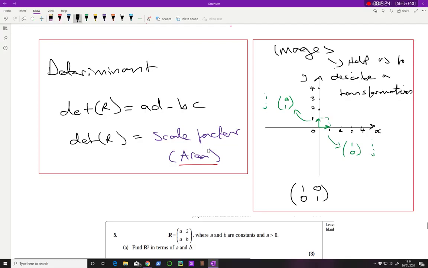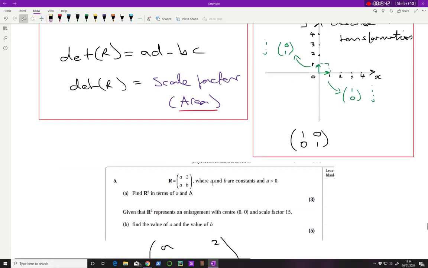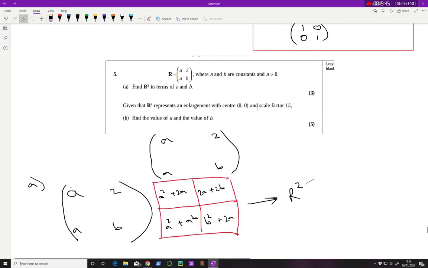When you put the two images together, you get a unit square. Now the unit square is going to be squared whatever you've stretched in either direction. So if I've stretched the x direction by 15 and the y direction by 15, I'm going to get a total area of 15 squared. So don't be fooled when the question says scale factor 15.